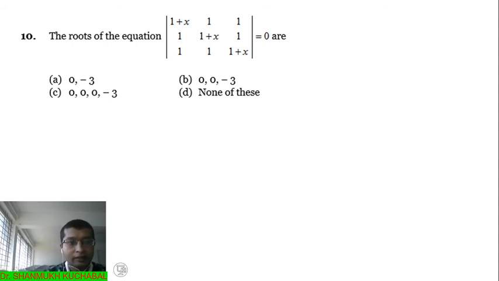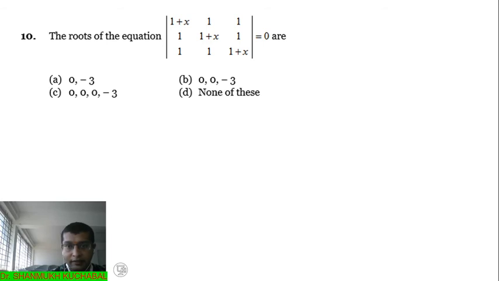Okay, then the roots of the equation, 1 plus x 1 1, 1 1 plus x 1, 1 1 1 plus x equal to 0, then which of the following is the right answer? So looking at this, it looks very complicated. So here we'll solve it in a very simple manner. Here I expanded, just directly we expand it.